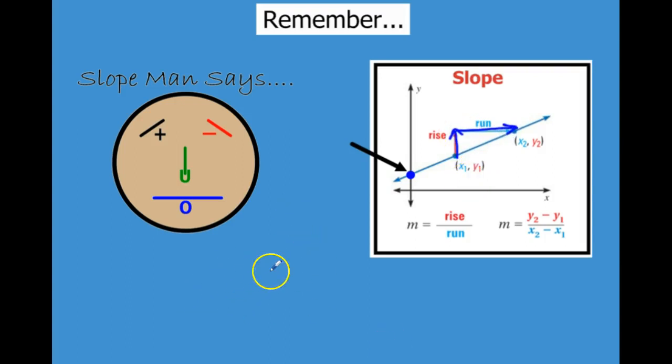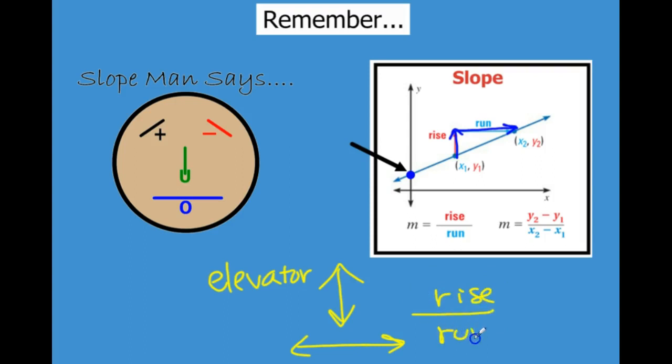If you get confused, think of our elevator. In an elevator, you have to go up and down first, then get out and walk to where you need to go. So that is our rise over run. And it might help you too if you want to write out slope on your formula sheet. That would be a good idea.